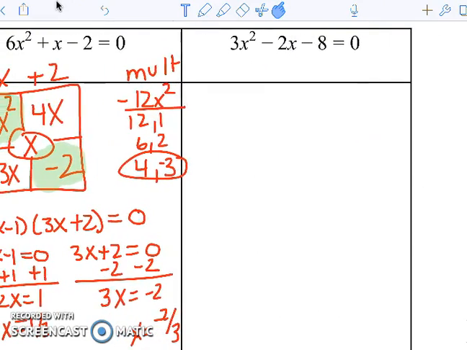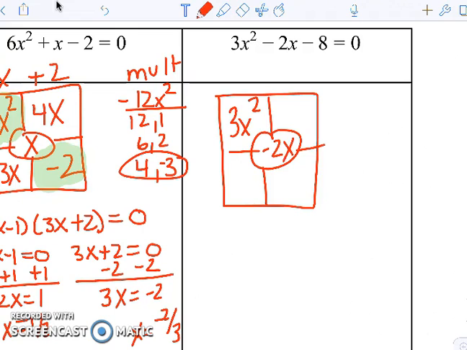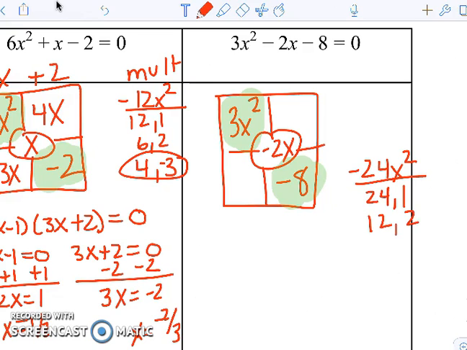And then this last one, let's see. So we have 3x squared, negative 2x, negative 8. Multiplying those together, we have negative 24x squared. So 24 and 1, 12 and 2, 8 and 3, 6 and 4. There we go, because we need negative 2. So negative 6x, 4x.